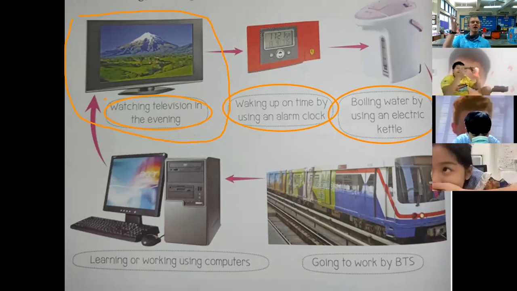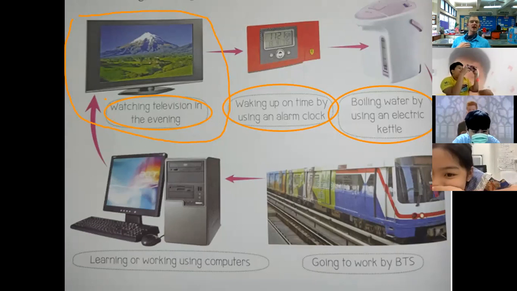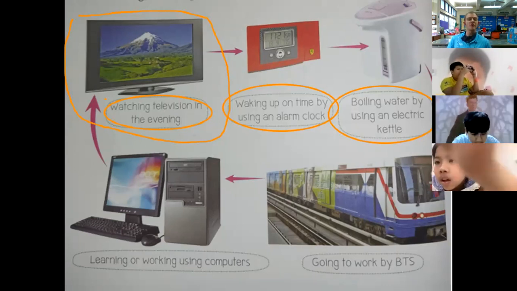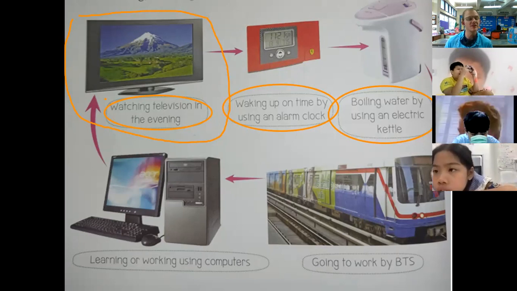So this morning when I came to school, the first thing I did was I made some coffee. And for that, we have to use a kettle or something that can heat up the water.